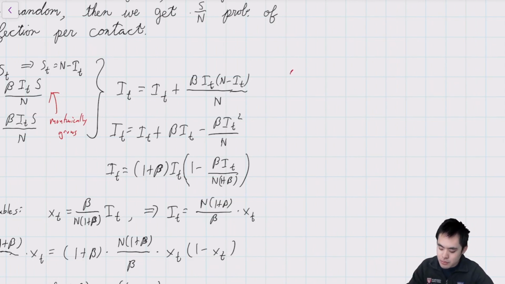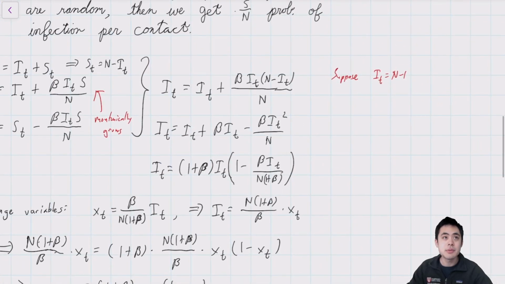Suppose that I sub t is equal to n minus 1. So if most of our individuals are infected, then what happens is I sub t plus 1 is equal to n minus 1 plus beta times n minus 1 divided by n.